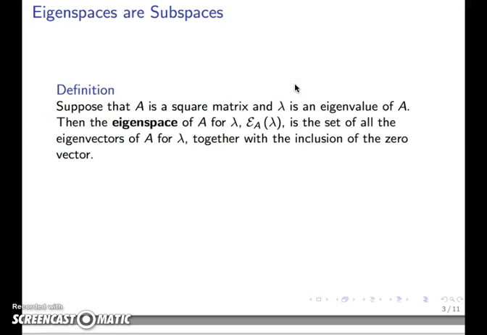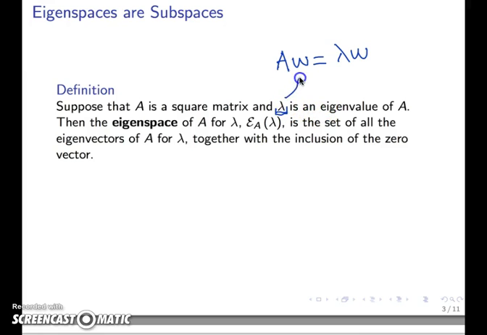So we have a definition for an eigenspace, and such space is going to be defined relative to a specific value that we call eigenvalue. So suppose we have a square matrix A. Suppose also that lambda is an eigenvalue. So we have something like A times W equals lambda W. Right?